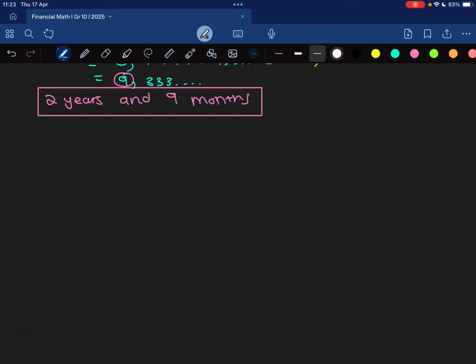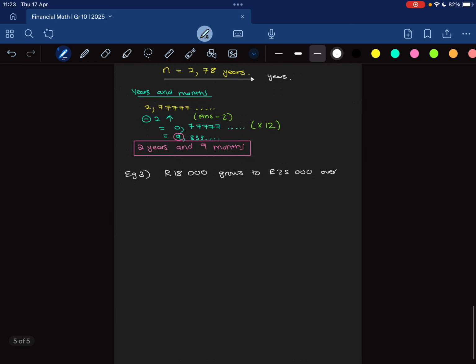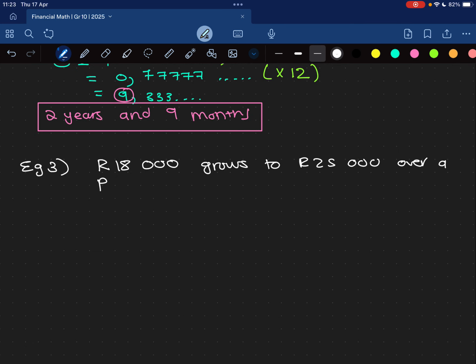Okay, so let's look at the third example. This one now is going to be to solve for I. So we'll start by saying 18,000 Rand grows to 25,000 Rand over a period of 2 years.